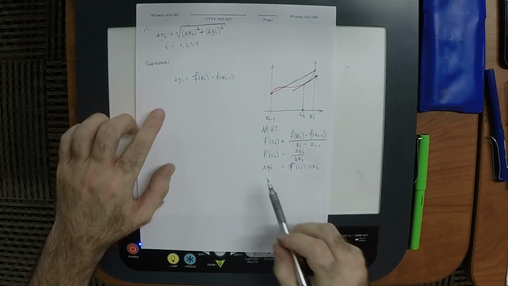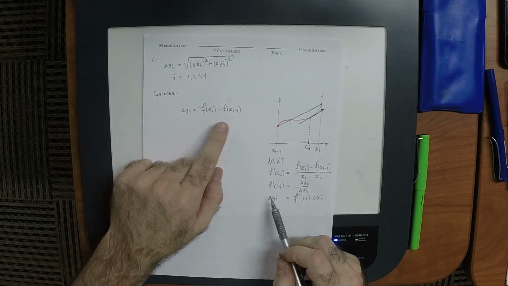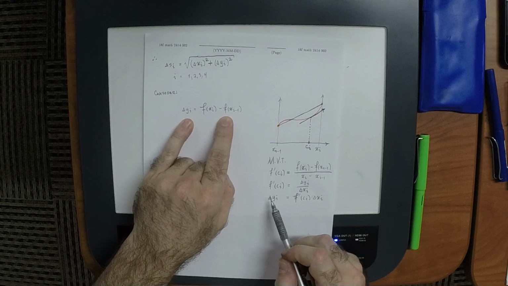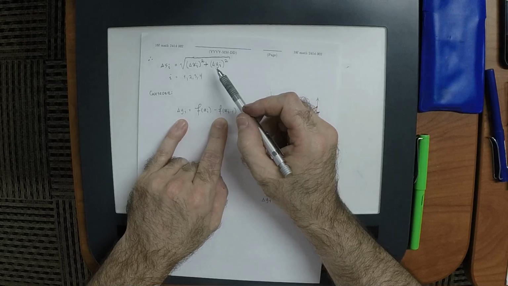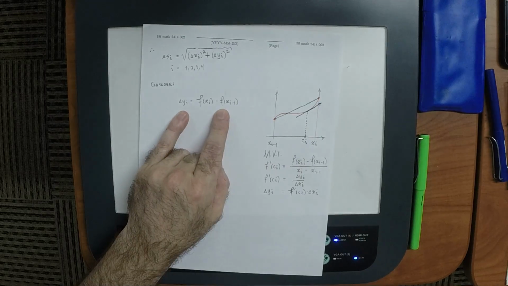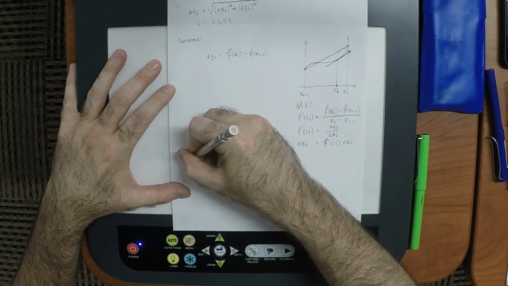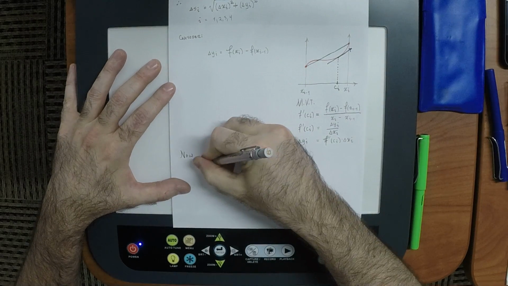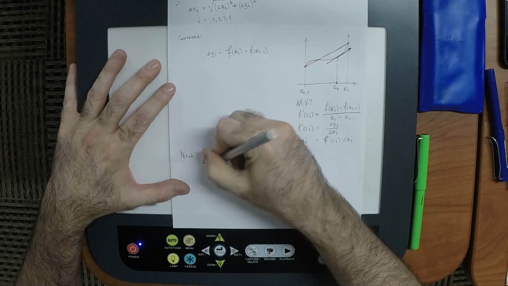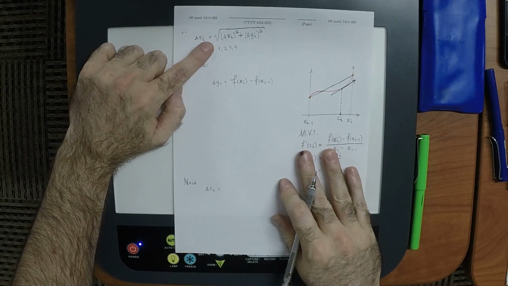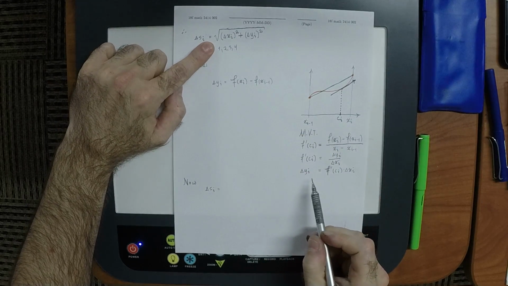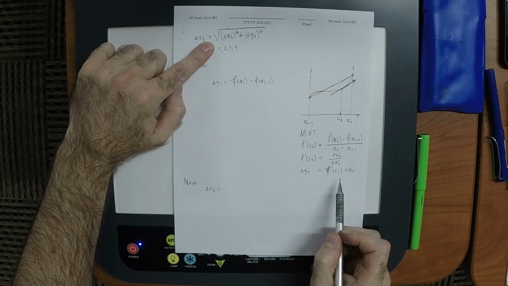And now that means that because of that, I can plug that into that formula. So now we have delta si is equal to that, but in fact we can replace delta yi with that.